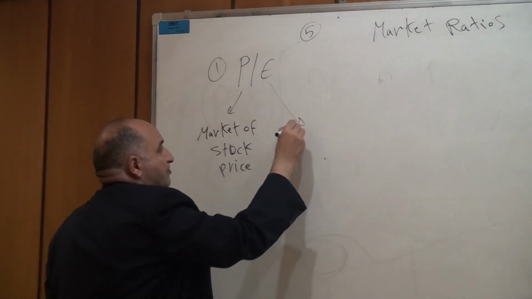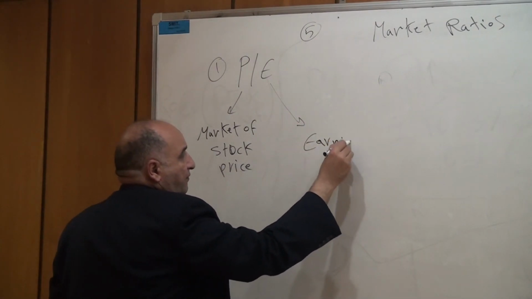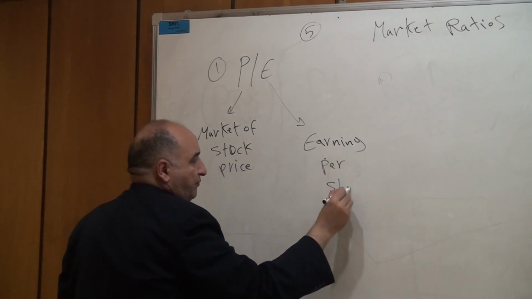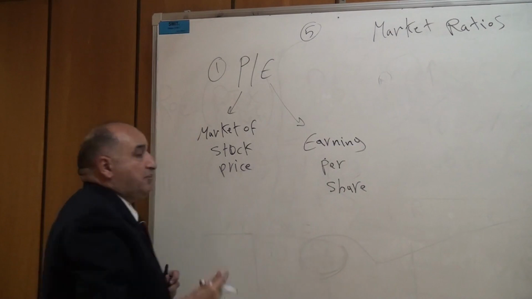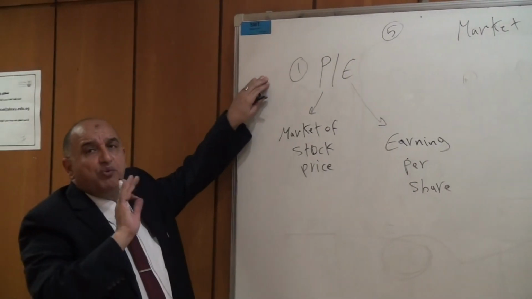E means earning per share. ربحية السهم الواحد. Very important ratio.